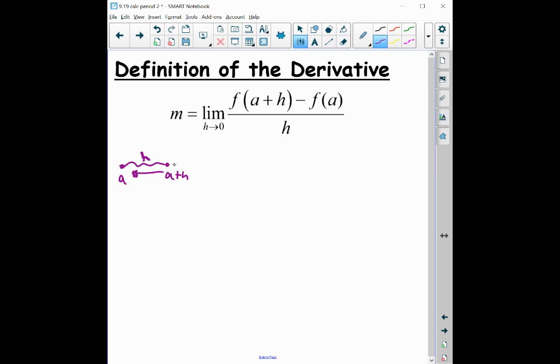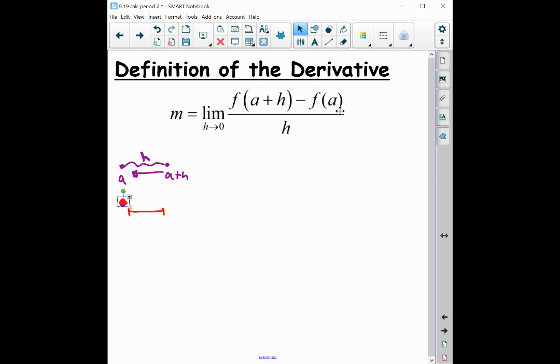If you imagine, here's point A, here's point A plus h, and all I'm doing is taking this first point and moving it closer and closer until it becomes the same as point A, so that there is no more difference between them.